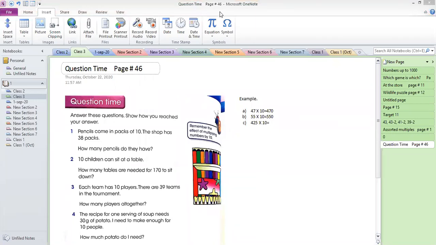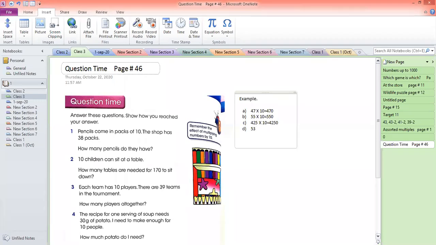Yes, sir. 4,250. Very good. The answer, you will write the same number first, 425, and then you will add 0.